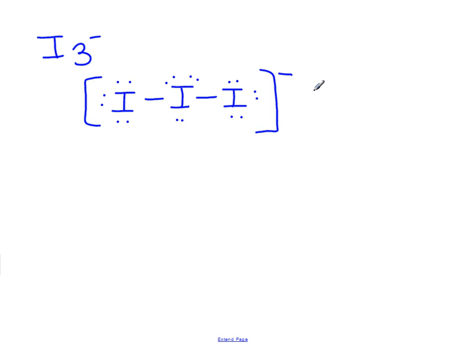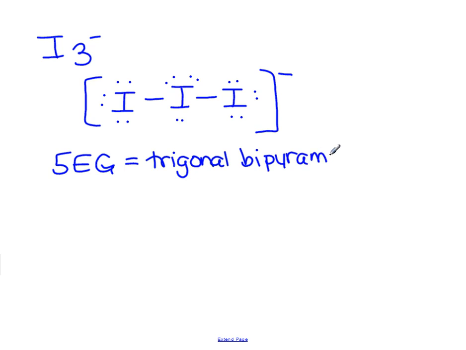So here, this one belongs to the 5 electron group geometry. 1, 2 bonded pairs, 1, 2, 3 lone pairs. What is its actual shape, molecular shape? 2 bonded pairs, 3 lone pairs means linear. And now I can look for any dipoles and see what's going on.